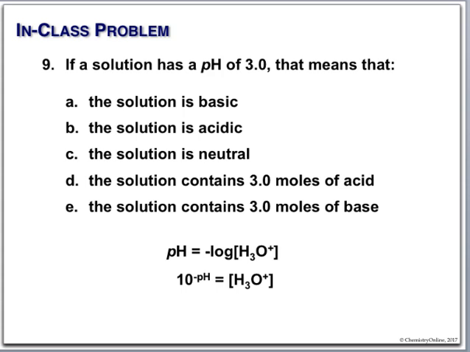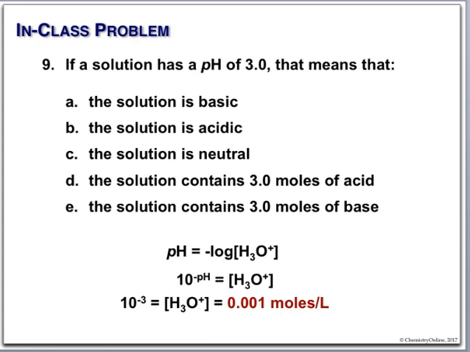So on your calculator, that's 10 to the x. So in this case, that would be 10 to the minus 3. Now 10 to the minus 3 is 0.001 moles per liter.